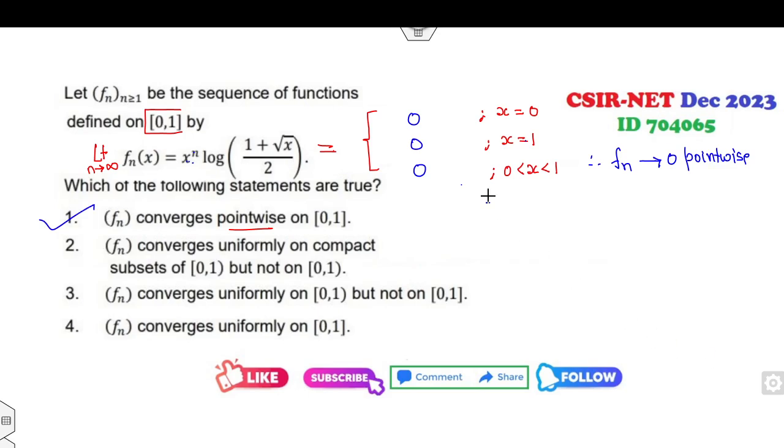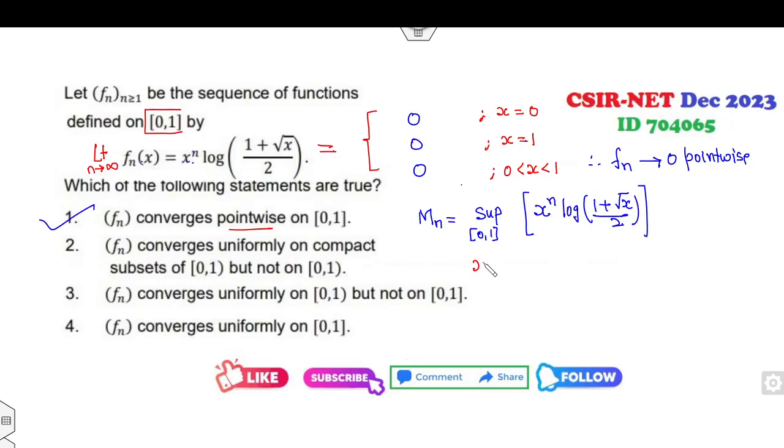Now, second option, converges uniformly. So I can define Mn. Mn is the supremum over x belonging to 0, 1 of |fn(x) minus f(x)|. f(x) is 0. So it is x raised to power n times log of (1 plus root x) over 2. Fine. Now, what is the supremum of this?